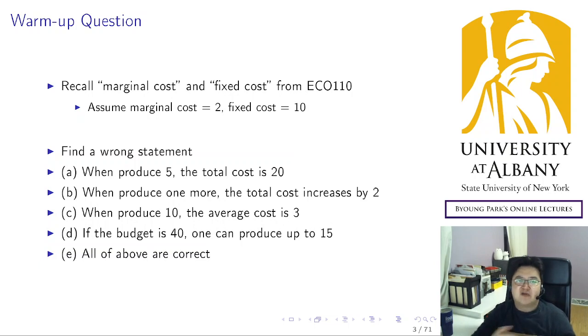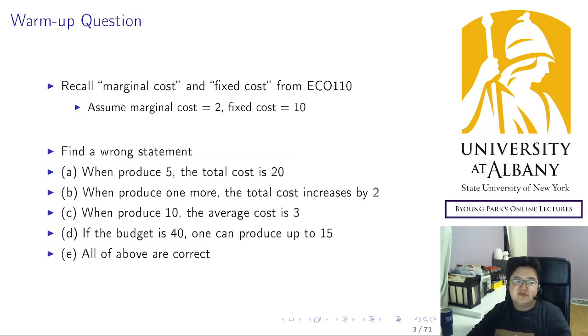Like I have a restaurant, I sell pizzas, and the marginal cost of a pizza is $2, but when I open the restaurant, there must be some fixed cost. So it is the standard model in microeconomics.